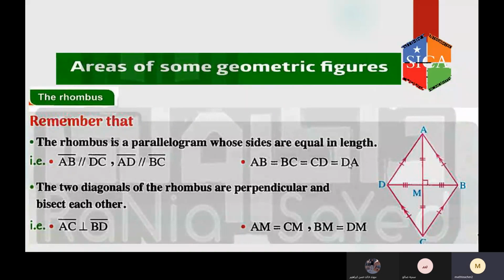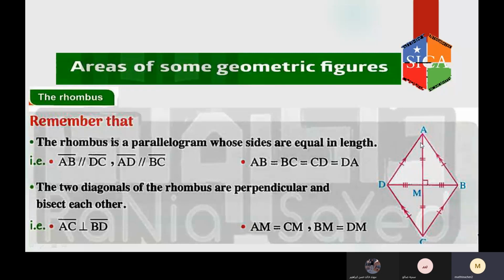The rhombus is a parallelogram, and we will add another property to it: its sides are equal in length. It's not just a parallelogram, but all sides are equal in length. Then AB equals BC equals DC equals AD.